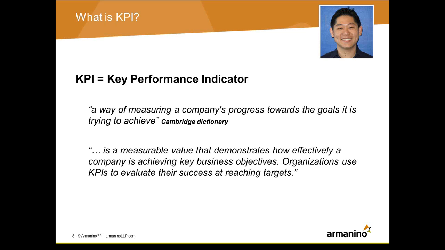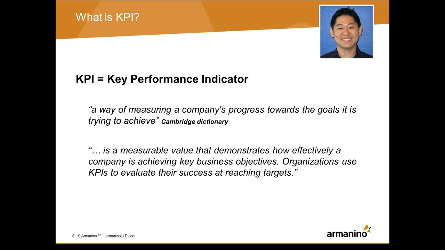But I would like to start from the beginning. What is actually a KPI, or key performance indicator? There are a lot of definitions out on the internet, and you can see some of them listed here, but the gist of it is pretty much the same. It's a way to measure a company's success as well as its progress to success.